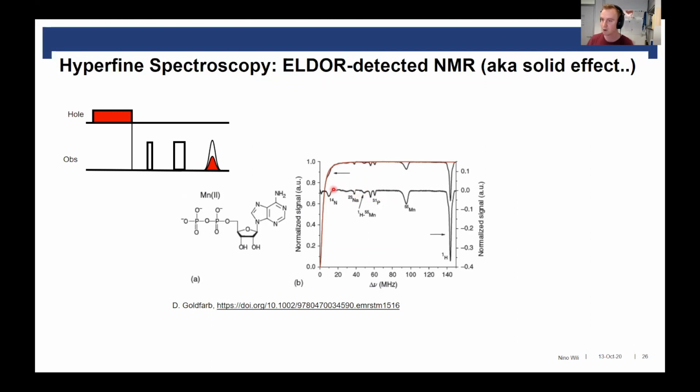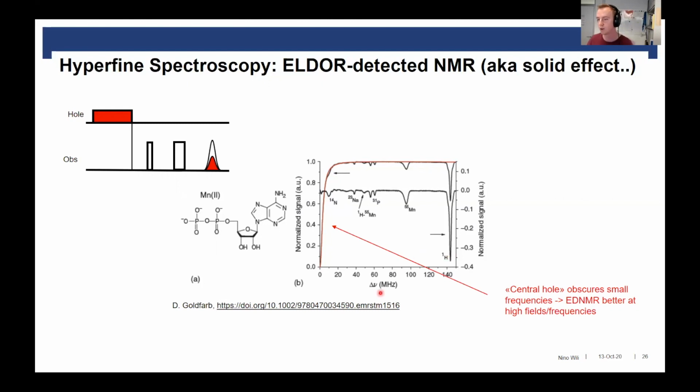You see sodium, nitrogen, and here the protons, which are not really resolved because the hyperfine coupling is very small. But in the case of phosphorus, the coupling is large enough that you see 2 different lines. And of course, if you irradiate, this is what gives you DNP, but you just detect it on the wrong side.